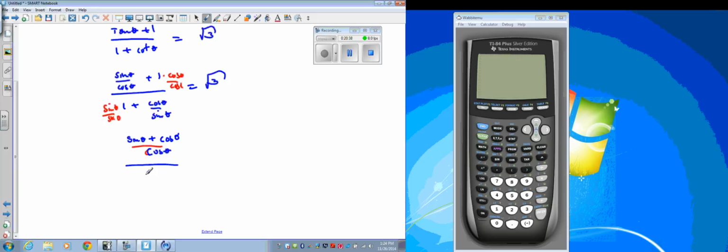And then this one would be sine theta cosine theta over sine.